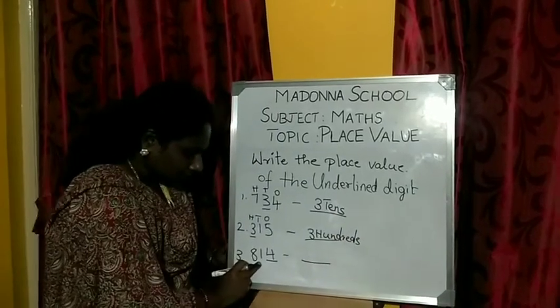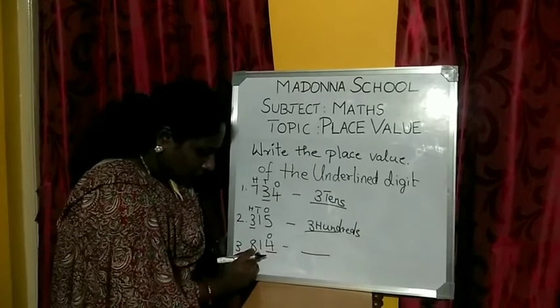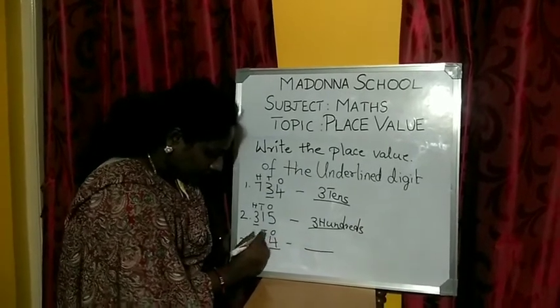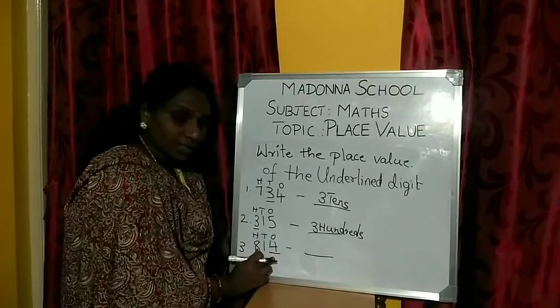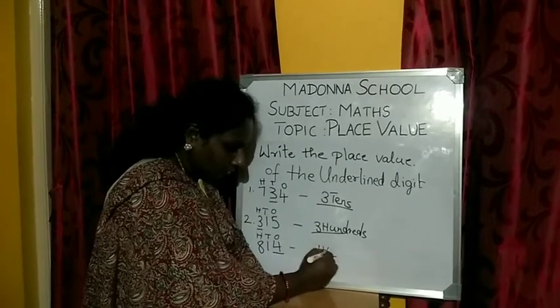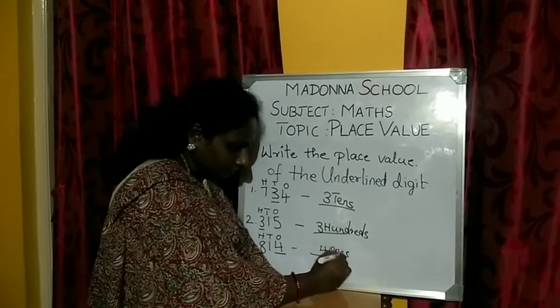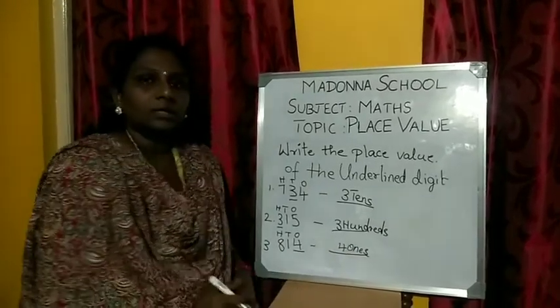Okay. In this number 814, 4 is at ones place, 1 is at tens place, and 8 is at hundreds place. So what is the value of 4? 4 ones. Okay. Thank you.